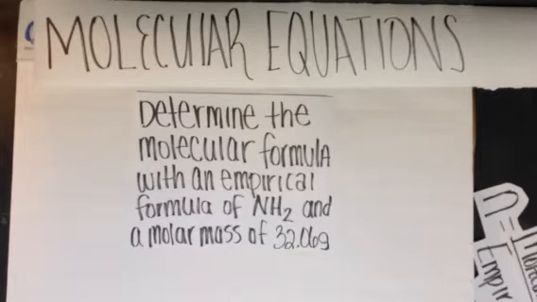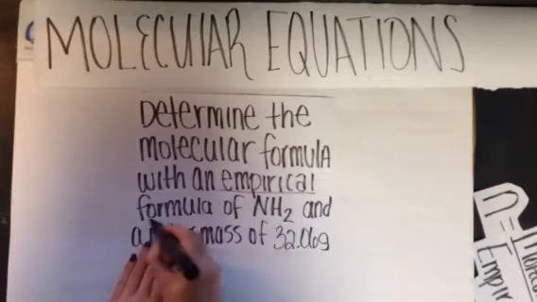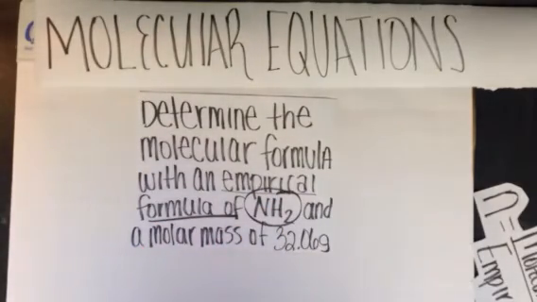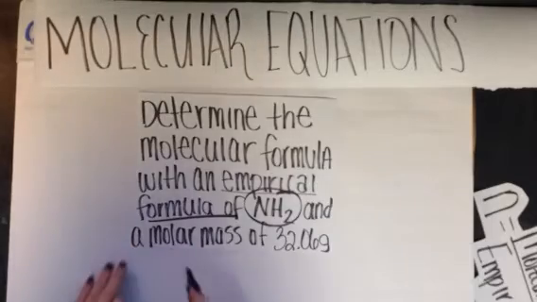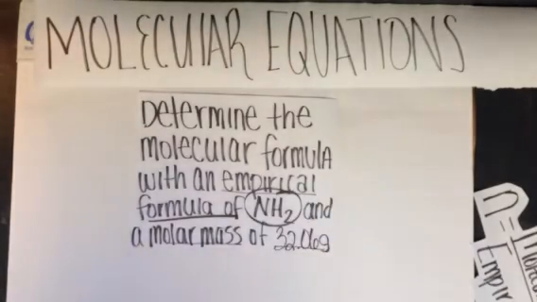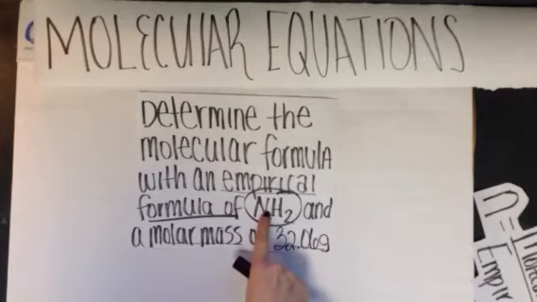So again, the two things we needed to start with was an empirical formula. If you notice here, I have been given an empirical formula of NH2. And I've also been given a molar mass of 32.06. Now, do not be confused. This is not the molar mass of the empirical formula.